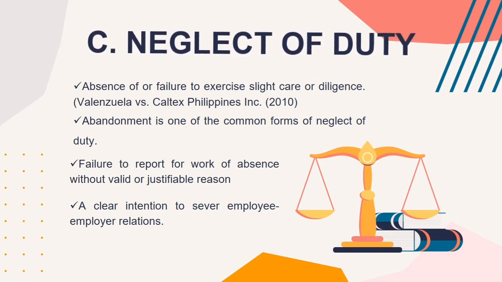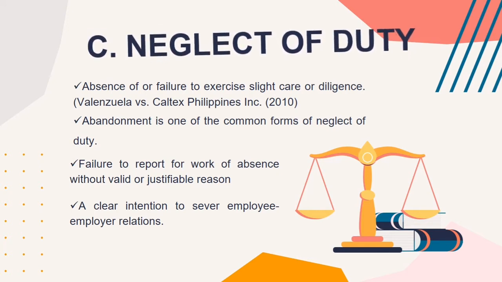Another is abandonment. That is one of the common forms of neglect of duty, or failure to report to work without valid or justifiable reason, or a clear intention to sever the employer-employee relations.